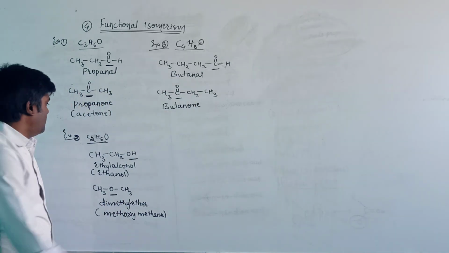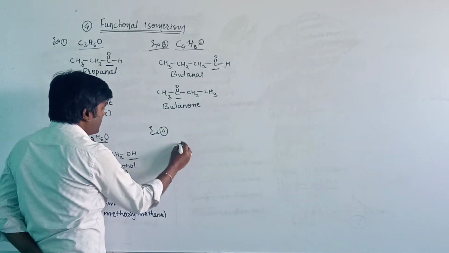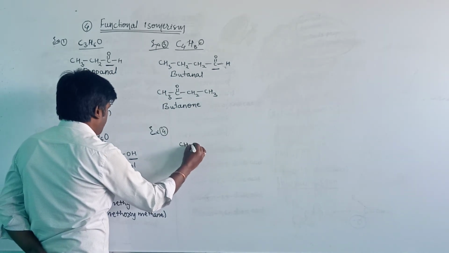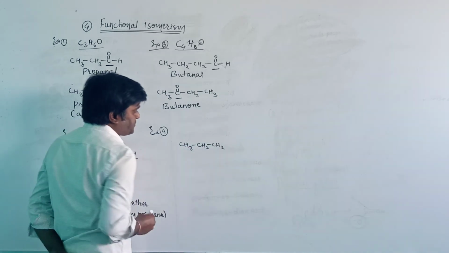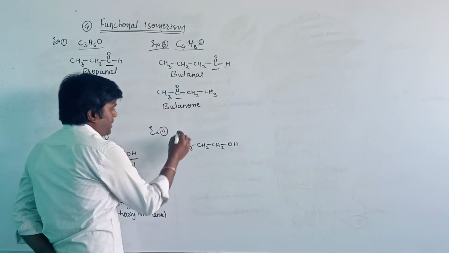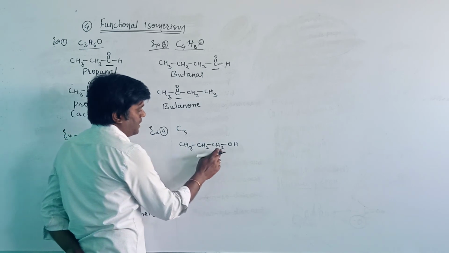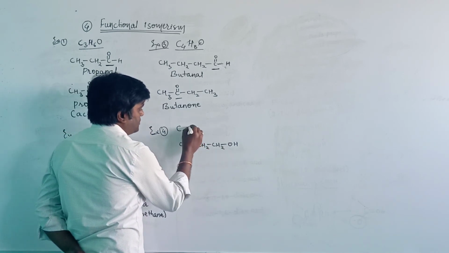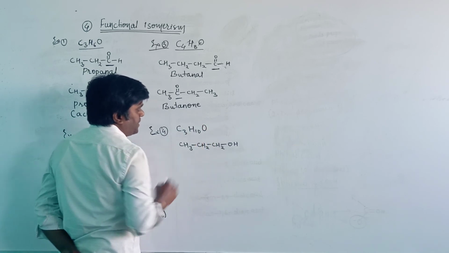Okay. Then we can write another example here, CH3, CH2, CH2, and OH. Number of carbon atoms is 3, number of hydrogen is 10, and oxygen is 1.